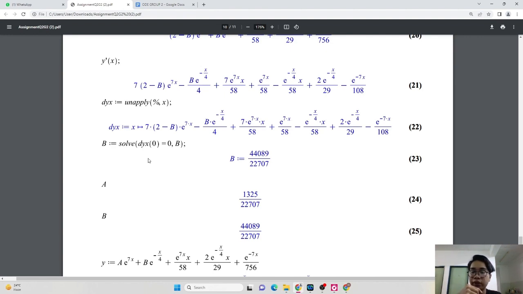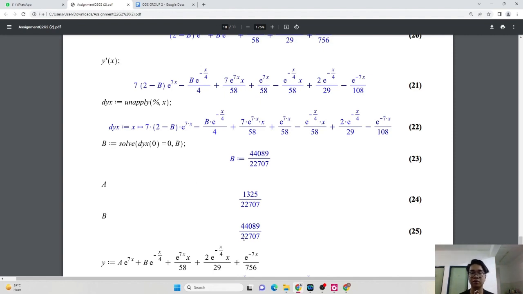And the 23rd step is B equal to solve dy/dx bracket 0 equal to 0 for B. And the answer we get is B equal to 44089 over 22707.